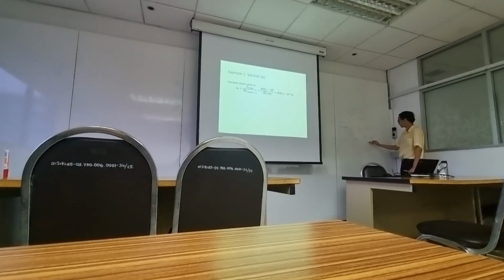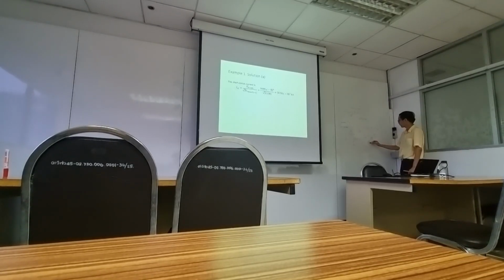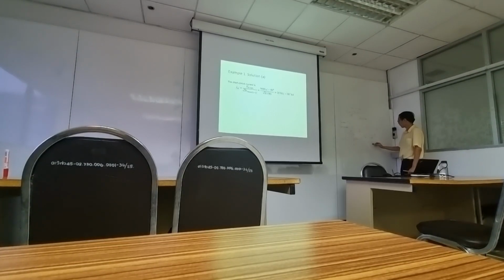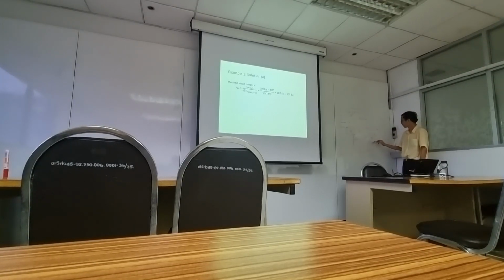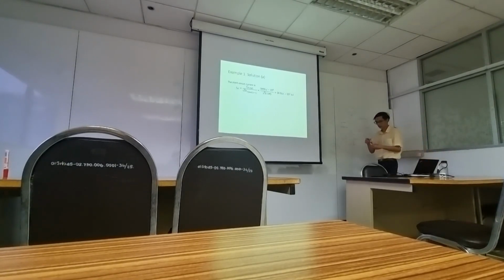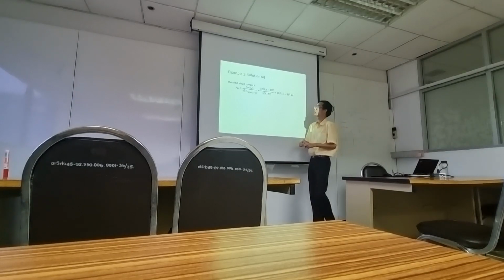You can write something like this: root 3 VS rated, line to line. And this is just the magnitude; the angle is 0 degrees. And then ISC conjugate. So you have the equation like that.